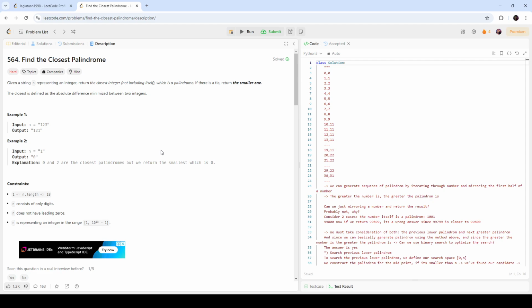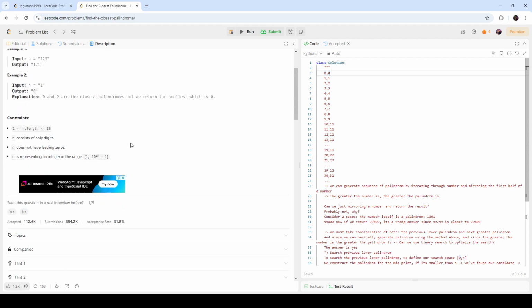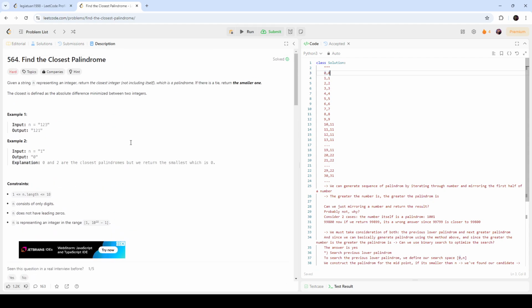The math one is more efficient, but the implementation is really long and tedious. I read through the discussion tabs a lot before solving this question to build enough intuition to solve this problem.